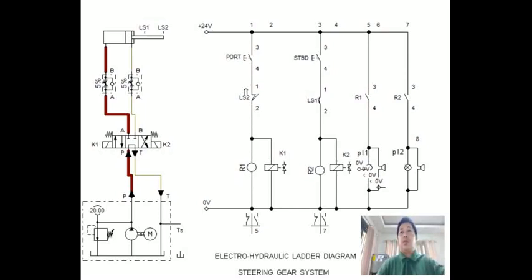So let us come to what it says here in your topic, discuss the process and instrument diagrams of automation. So I'll be using an electro hydraulic diagram, a ladder diagram with the steering gear.